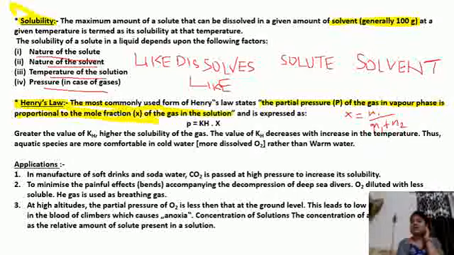So the partial pressure is directly proportional to this. If we remove the sign of proportionality, we have to add a constant here, and the constant is kH. This is the Henry law constant.